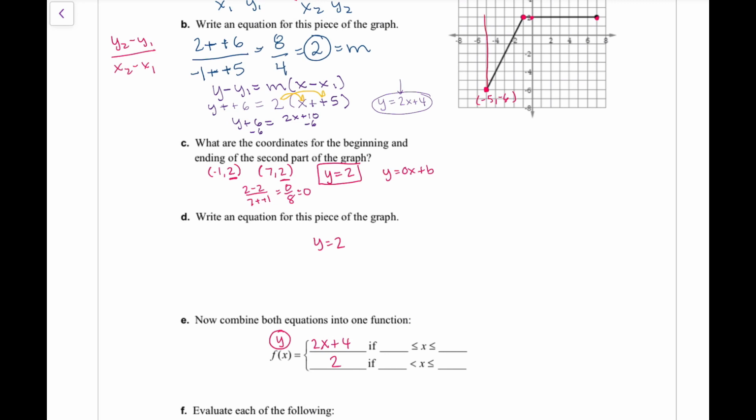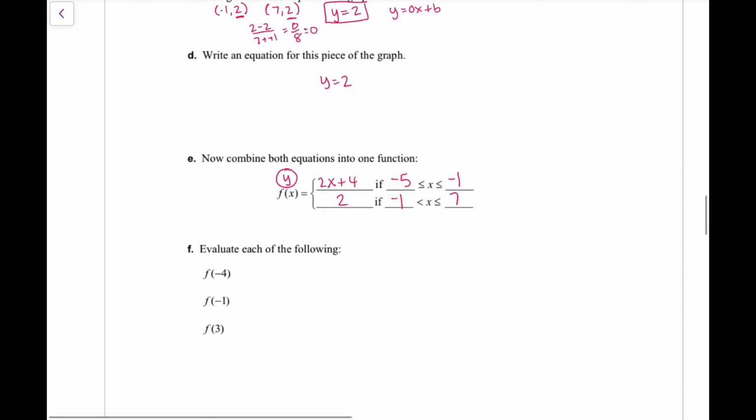Here, the x is at negative 5. Here, the x is at negative 1. So we're going from negative 5 to negative 1. Now, this piece is starting at negative 1 and ending at 7, so it's in between negative 1 and 7 there.